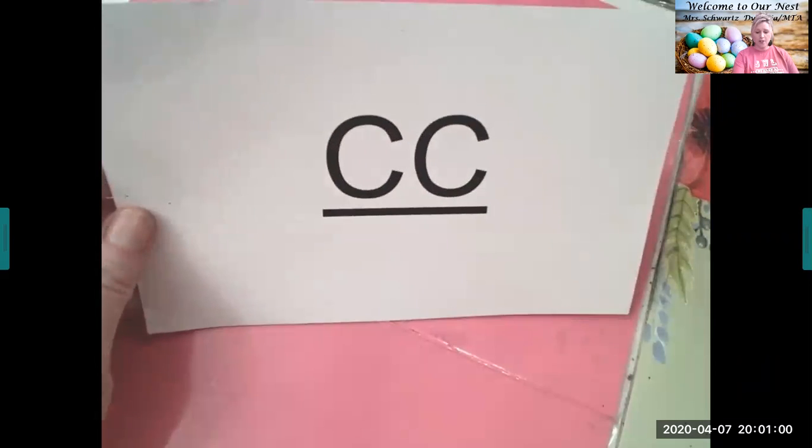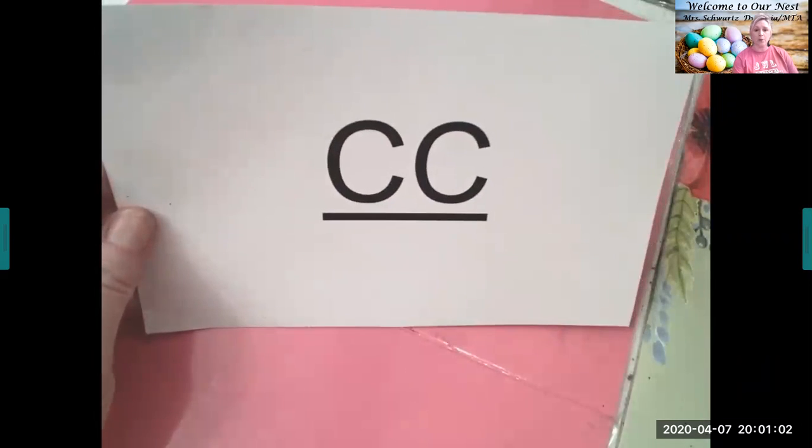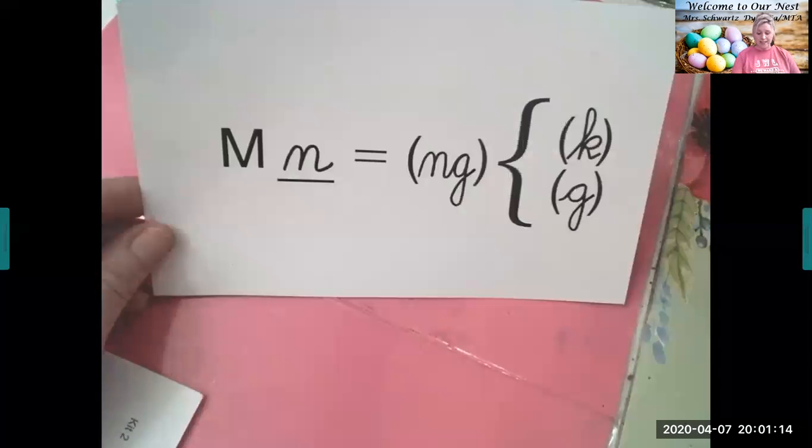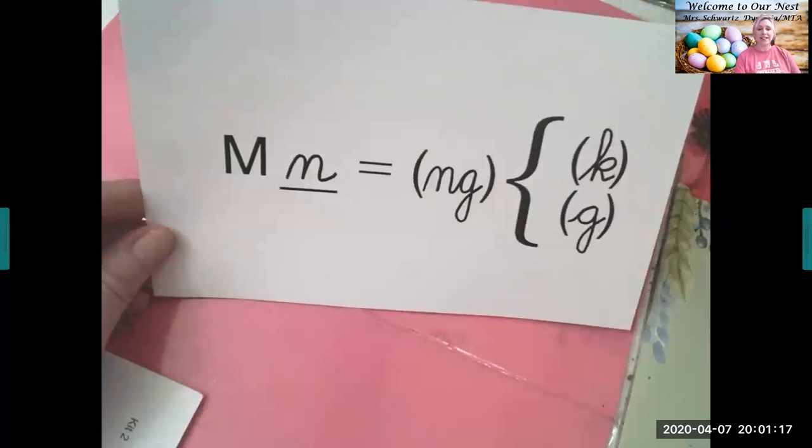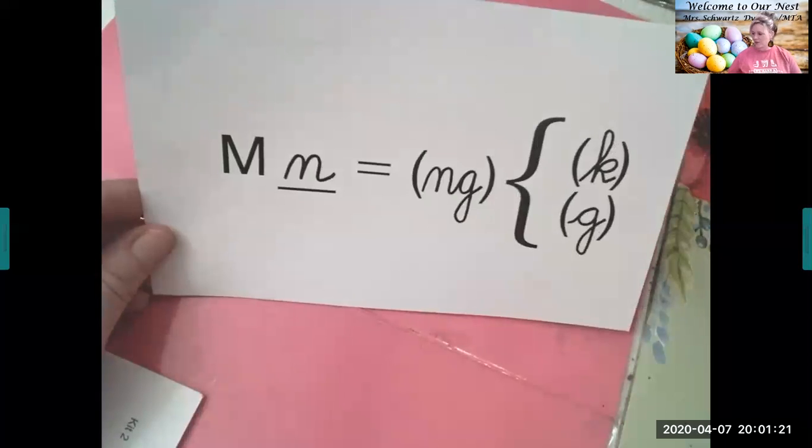A digraph is two letters in the same syllable that stand for one sound. Medial n is pronounced ng before k and g sounds.